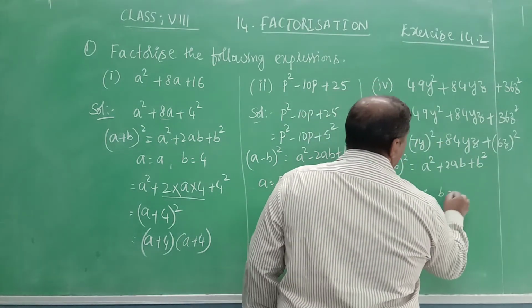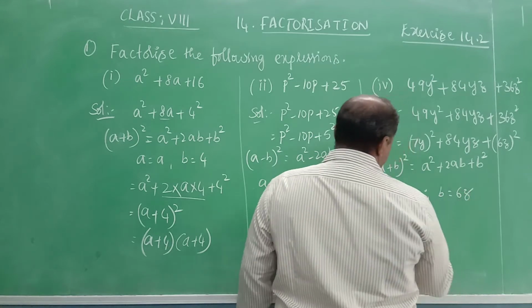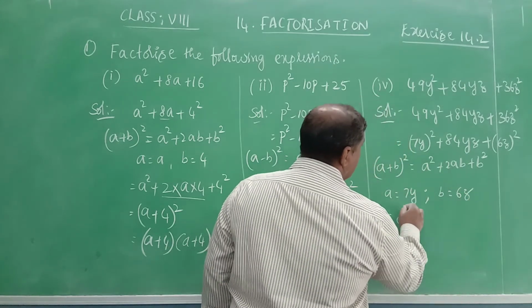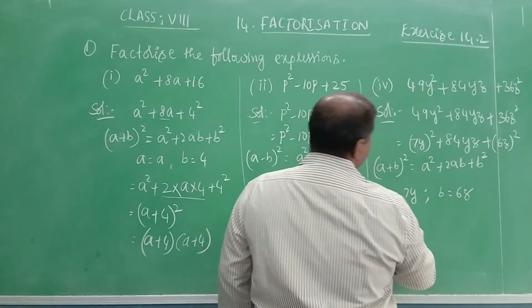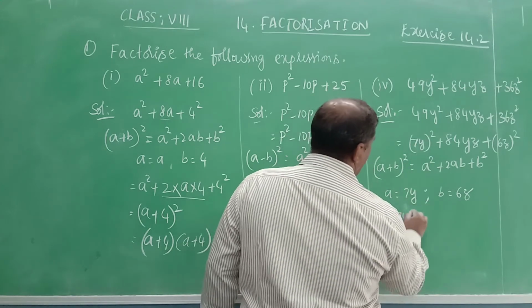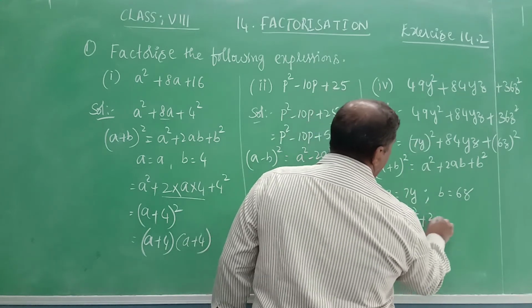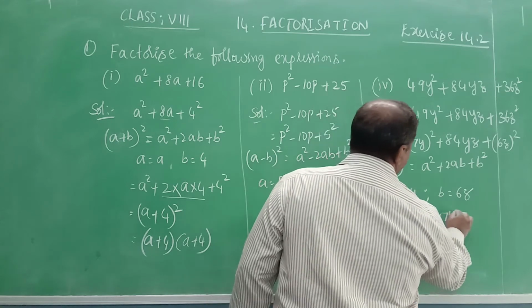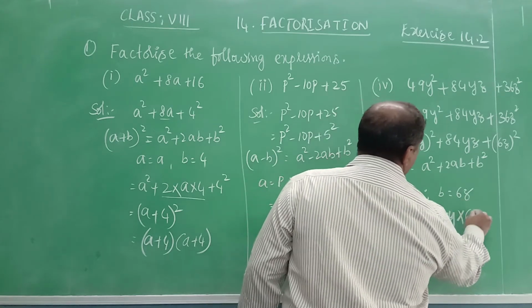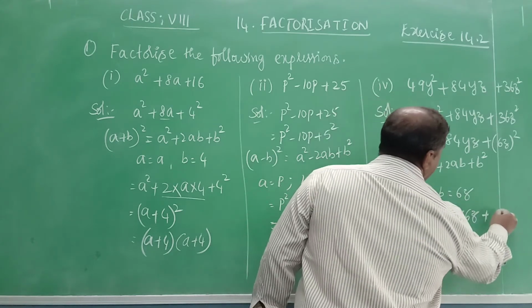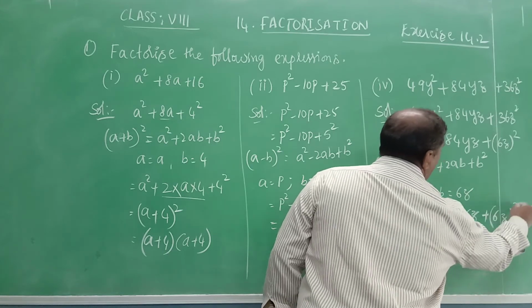Therefore b is equal to what? 6z. Now we can write this as a square, that is (7y) whole square, plus 2 into a, which is 7y, into b, which is 6z, plus b square, which is (6z) whole square.